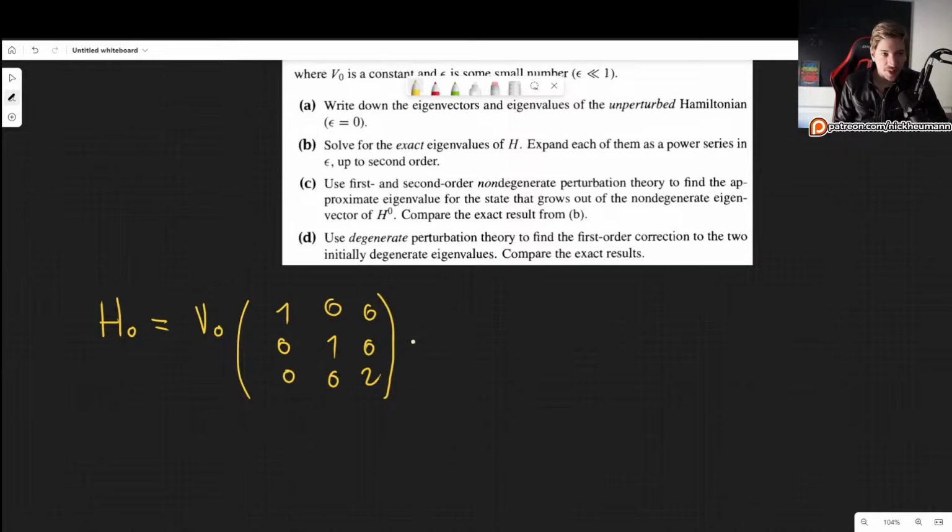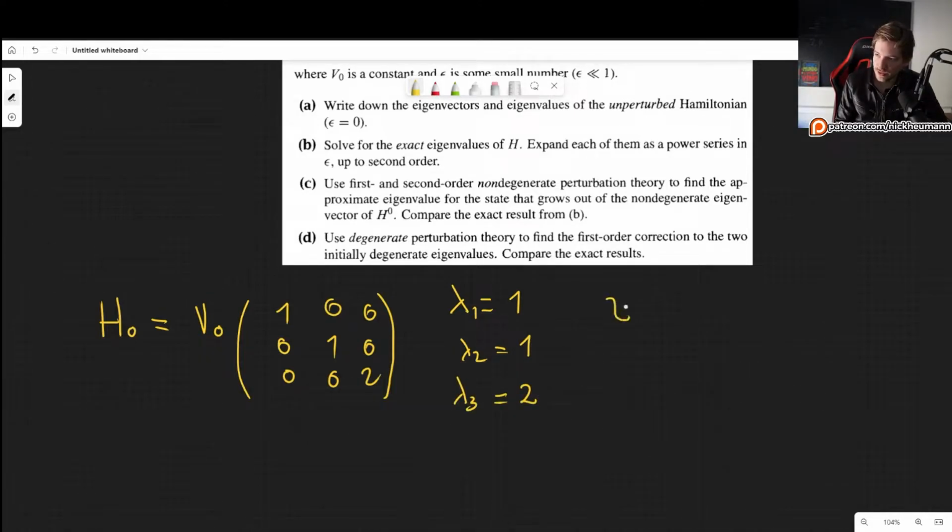But that is very easy because this is already diagonalized. So we don't have to do anything. Whenever we have a diagonalized matrix, its eigenvalues are on the diagonal. So we know already that the eigenvalues are lambda 1 is 1, lambda 2 is also 1, so we have a degenerate case there, and lambda 3 is 2.